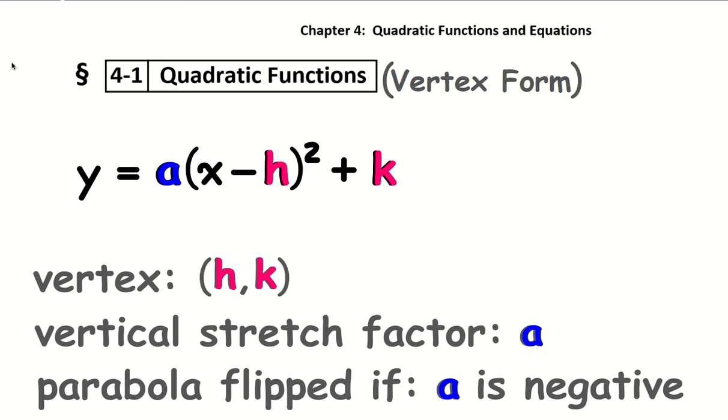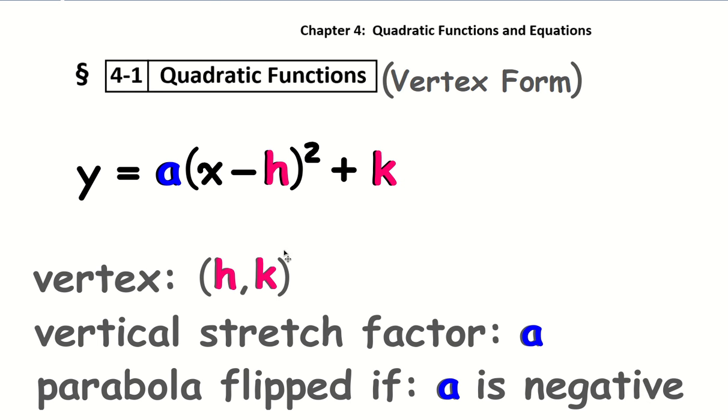Now, vertex form is even easier, in a way, to work with than standard form, okay? Because it turns out that this number combined with this number in your equation is literally the coordinates of the vertex. So your vertex is h comma k.